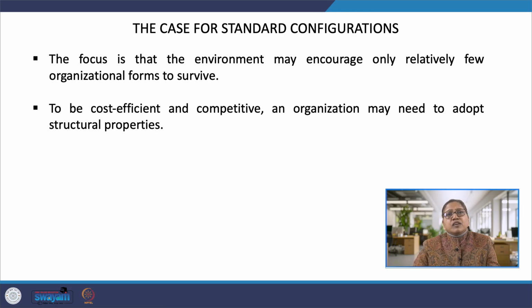So, the focus is that the environment may encourage only relatively few organizational forms to survive. To be cost efficient and competitive, an organization may need to adopt structural properties similar to those of other organizations in its industry or its market niches that follow similar strategies.